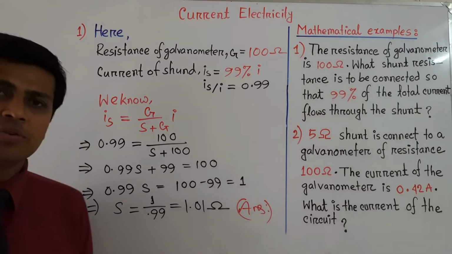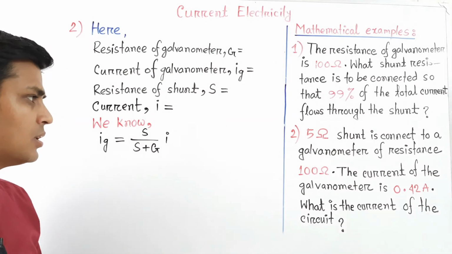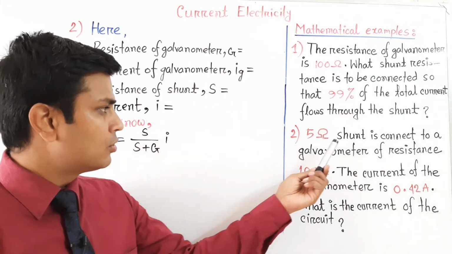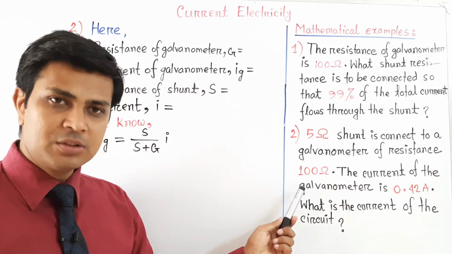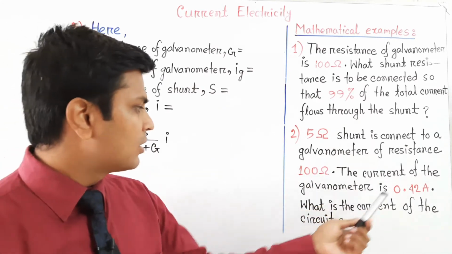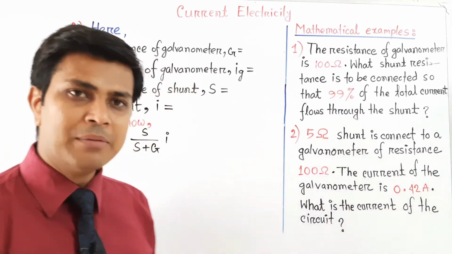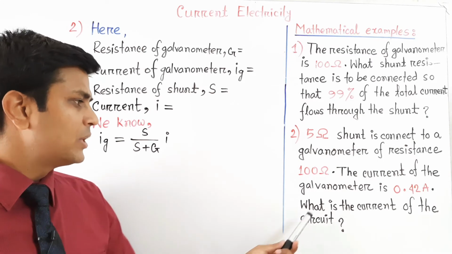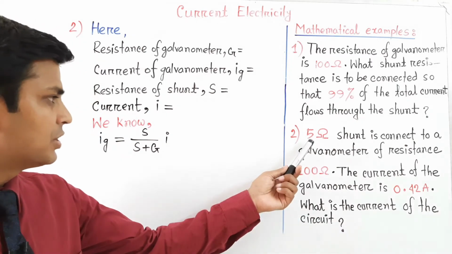I hope all of you have understood. Let's solve the second question. The second question is: a 5 ohm shunt is connected to a galvanometer of resistance 100 ohm. The current of the galvanometer is given as 0.42 ampere, and the question is what is the current of the circuit. So let's see the given information here.